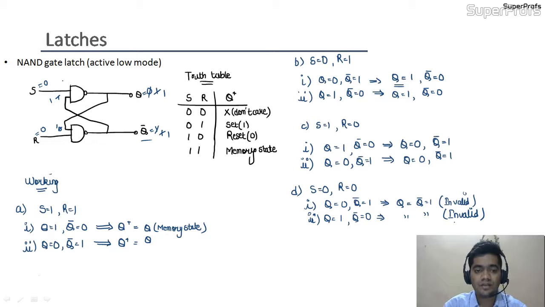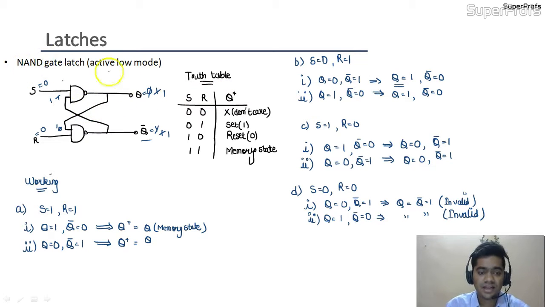So I hope you have understood this NAND gate latch clearly, because next all the latches and flip-flops, the working would be exactly the same, just the logics would be reversed or the truth table would be reversed. The working of any latch or a flip-flop would be same as this working. Okay. So the outputs may change, but the working won't change. The working would be similar to this.